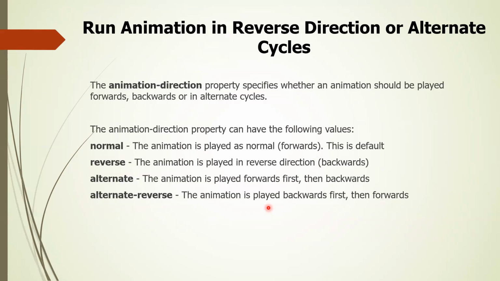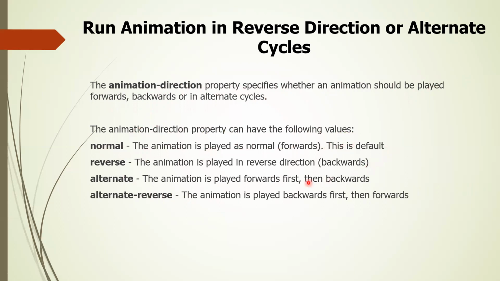Then animation can be done in reverse direction, or first in forward direction then backward direction, or from backward direction to forward direction. The animation direction property specifies whether an animation should be played forwards, backwards, or in alternate cycles. The animation direction property can have the following values. Normal means the animation is played as normal, forwards.